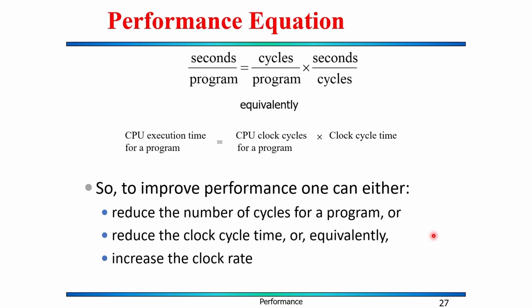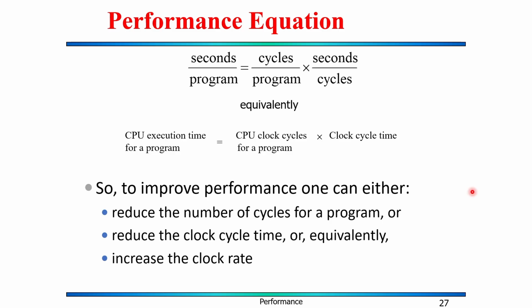Assume this program requires 10 billion clock cycles to execute. So the execution time equals cycles per program times cycle time. So 10 billion cycles times 0.5 nanoseconds equals 5 seconds. So this is how we calculate the execution time of a program.